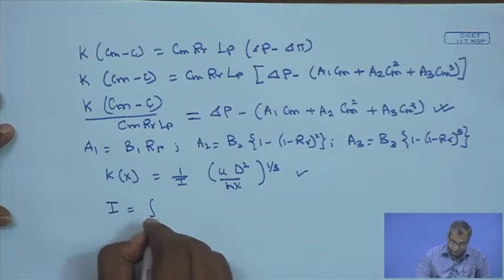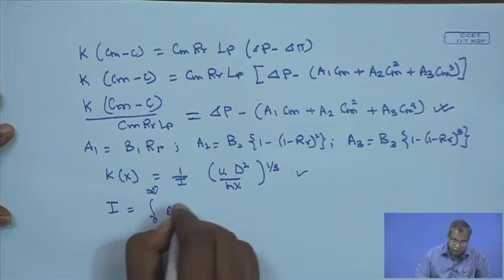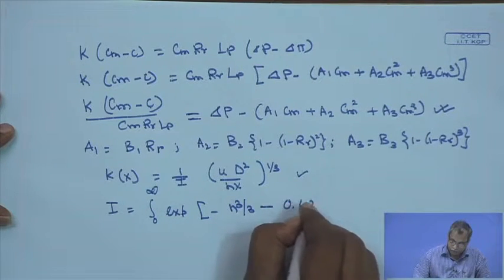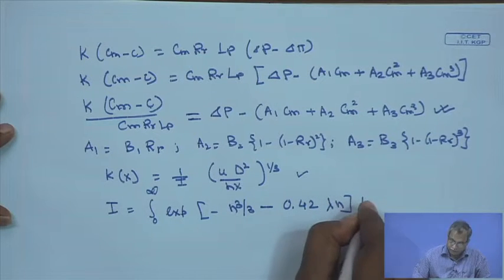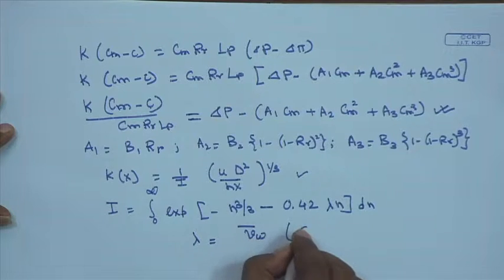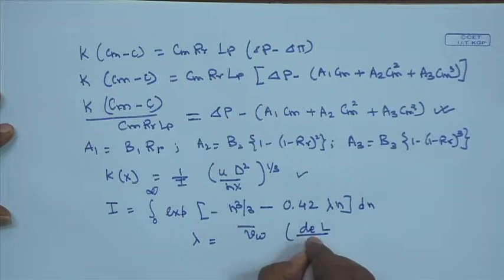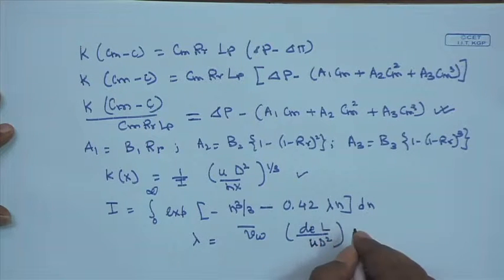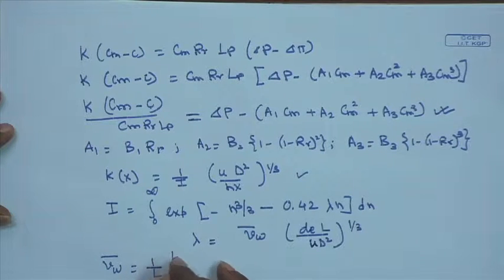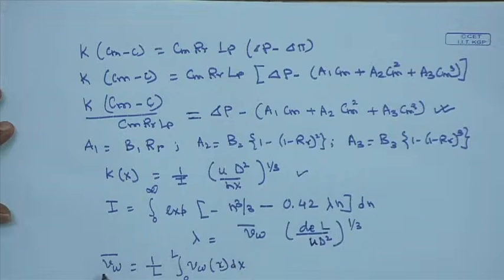I is the definite integral from 0 to infinity of exponential of minus eta cube by 3 minus 0.42 lambda eta, d eta, and lambda is built from the length average permeate flux, dE, that is the equivalent diameter, L, u, the velocity, and d, the solute diffusivity, to the power 1/3, and Vw bar is nothing but 1 over L integral from 0 to L of Vw dx. So, this is the length average permeate flux.